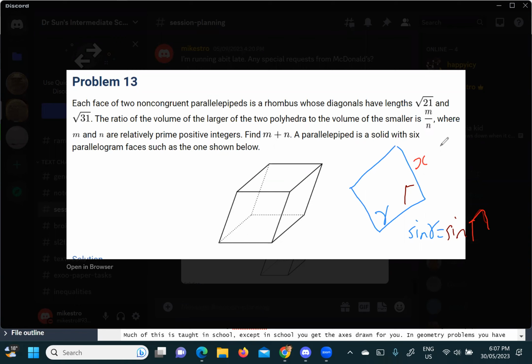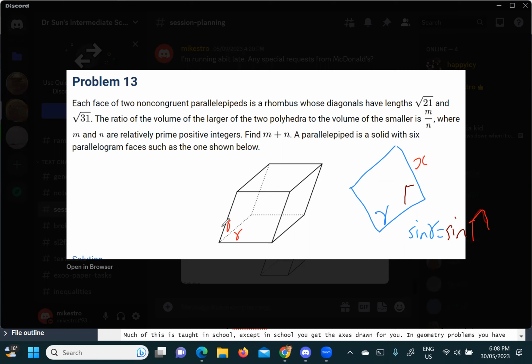And then the question is how to put them together. We're not going to prove how to put them together in all the different ways, we're just trying to find two ways and find the ratio of the volumes. One way is to make sure all the little gammas are at the corner, and the other way is to make sure all the big gammas are at the corner.